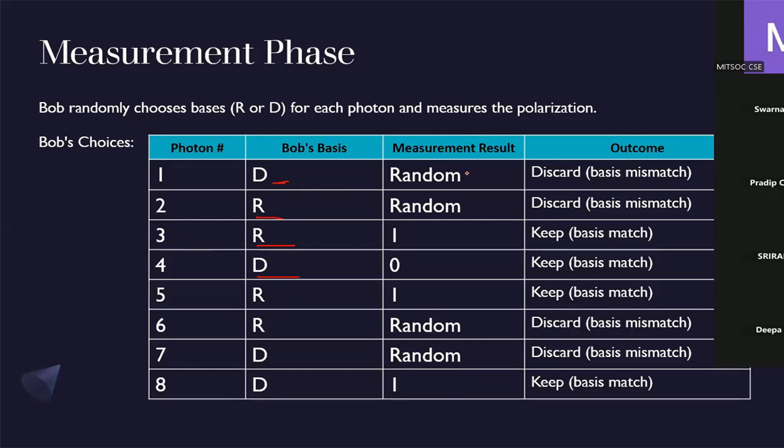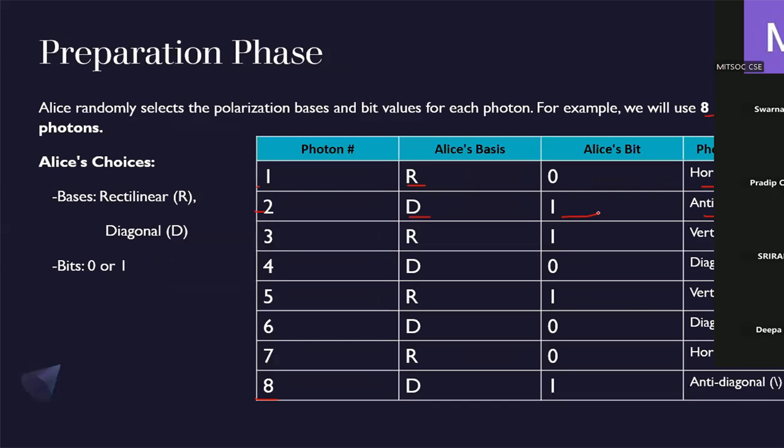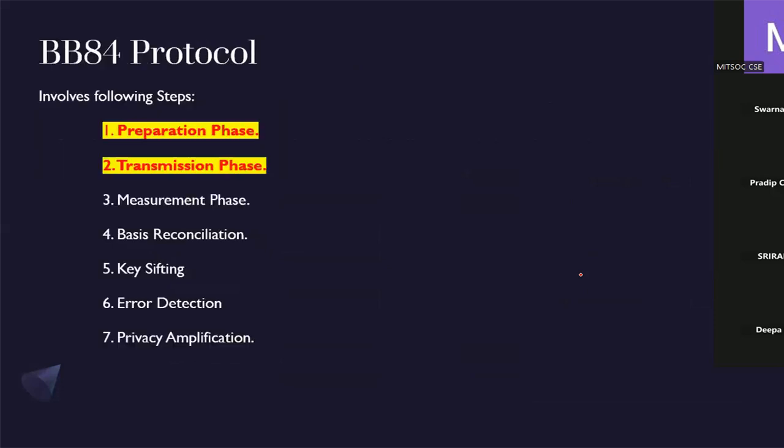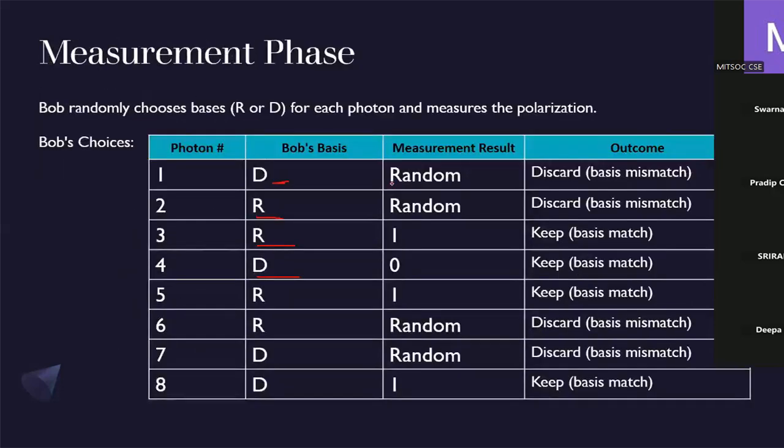All right. Now, here you can see what Alice has sent. She has sent 0, 1, 1, 0. What is going to be received here? Bob has received something different. Here also it has been different.